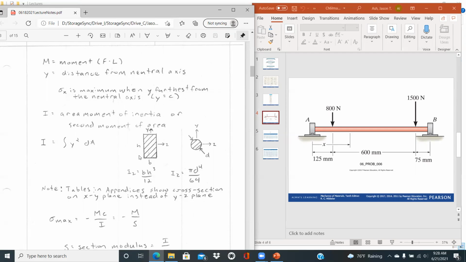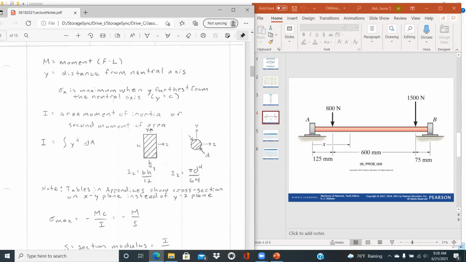So it'd be height times base cubed over 12. And that gets confusing for me, trying to keep track of that. I just like remembering simply I is equal to base times height cubed over 12, and then define your base and height based on which axis you're bending about.